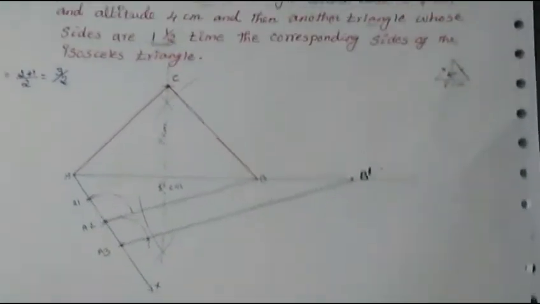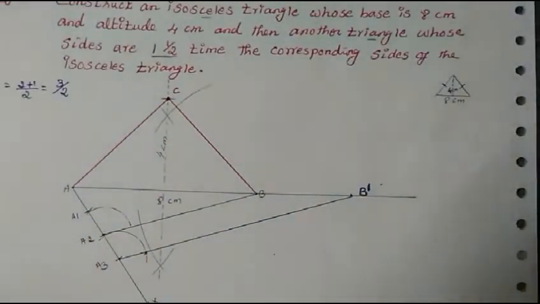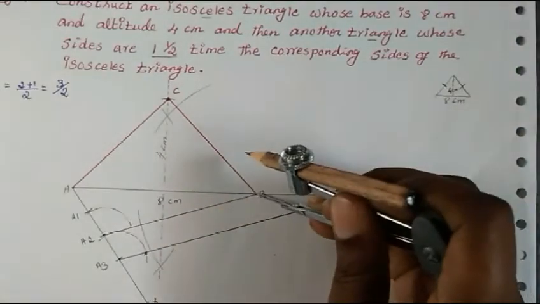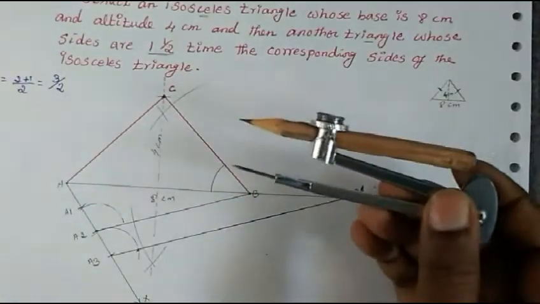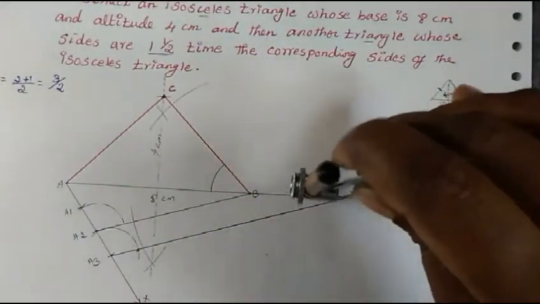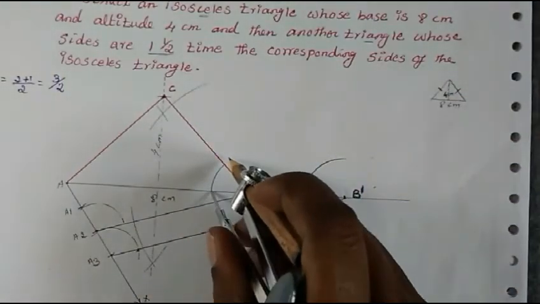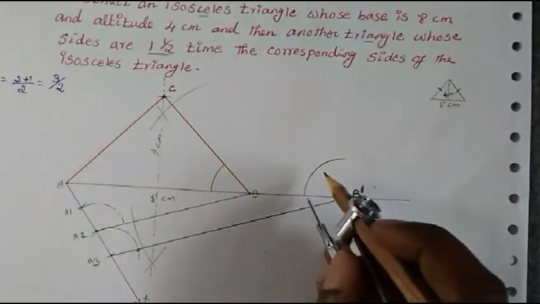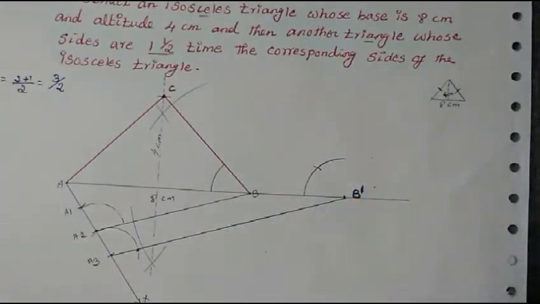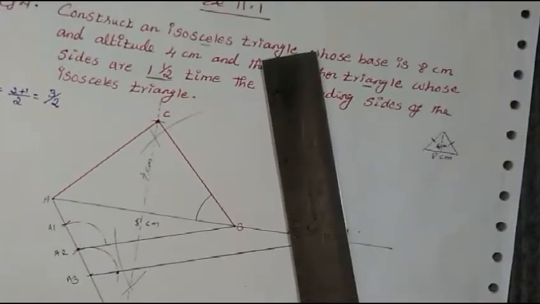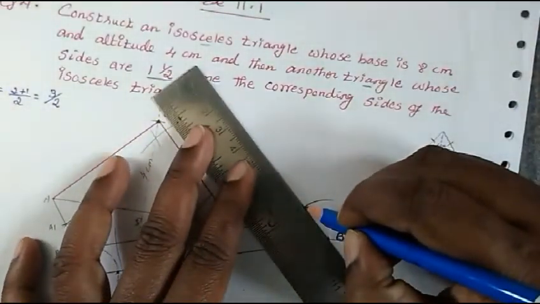Now same way, for this line, let us construct a parallel line. So same way you have to draw an arc here. Same measurement keep here and draw the arc. Now measure this arc, how much it is. Same measurement for this arc also. Now join this point and this point.